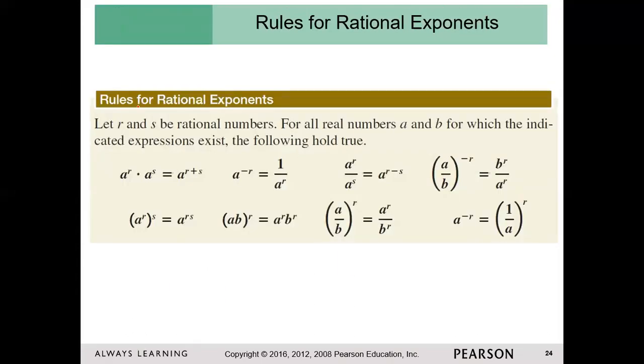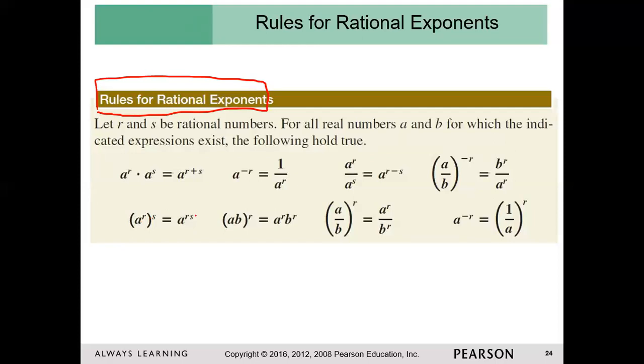Okay. This right here is just a little bit of a reminder of all those rules of exponents that we learned a long time ago. When you're multiplying like bases, you add the exponents. When you have a negative exponent, it gets pushed down to the denominator. When you're dividing like bases, you subtract the exponents. When you have a negative exponent on the outside, you flip and then send it into both.